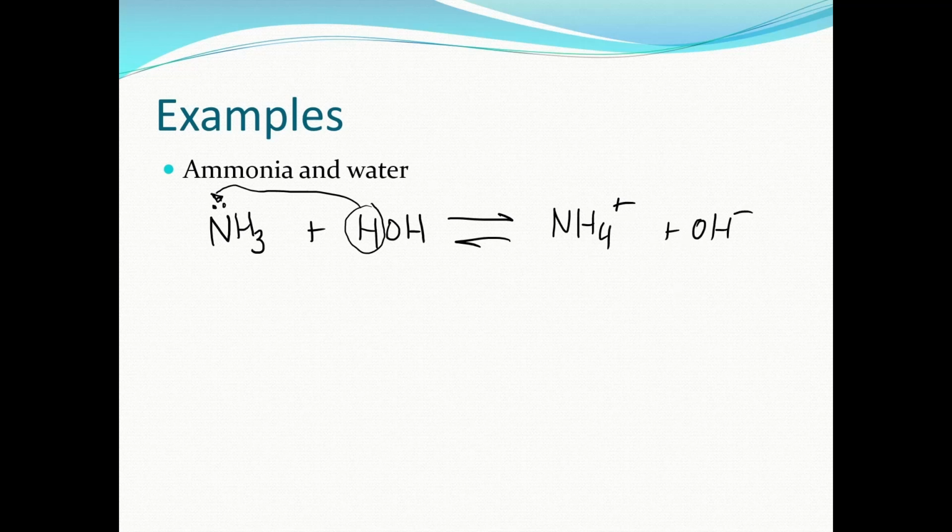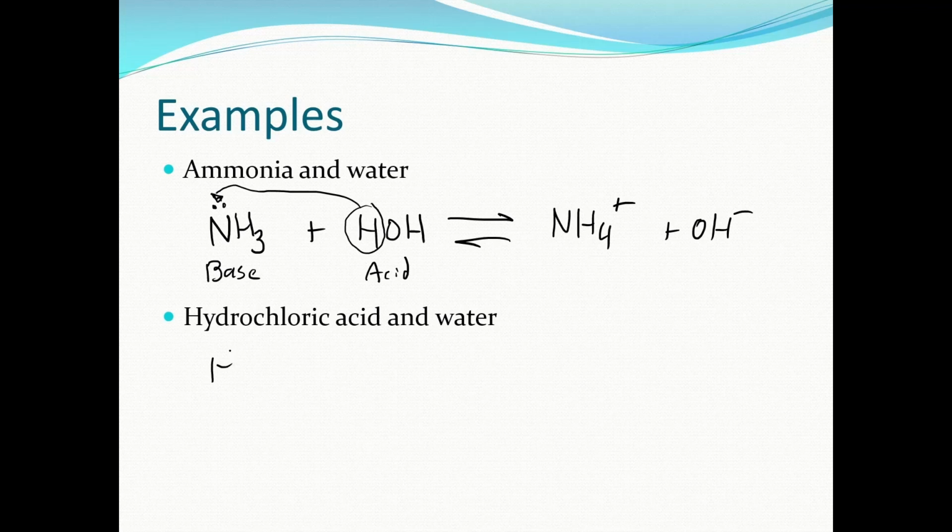All right, we already did that. What's new? Well, we classify things differently. Anything that accepts a hydrogen, we consider a base, and anything that donates a hydrogen is an acid. So this is an acid, this is a base. We can do the same thing for hydrochloric acid and water.